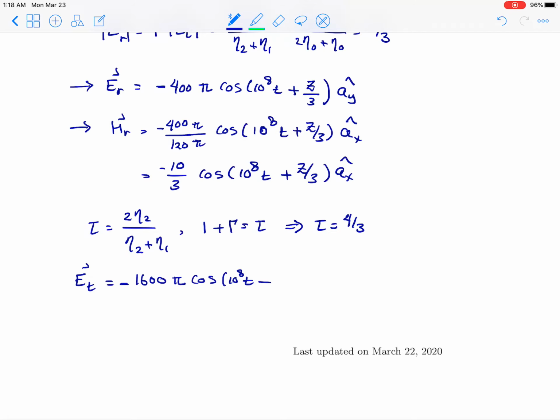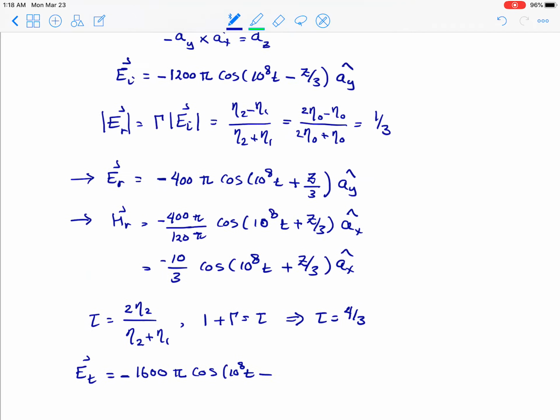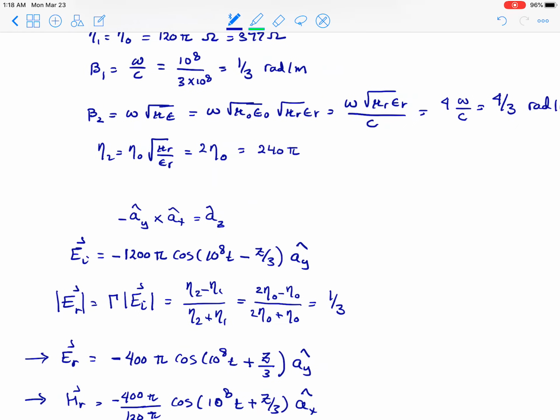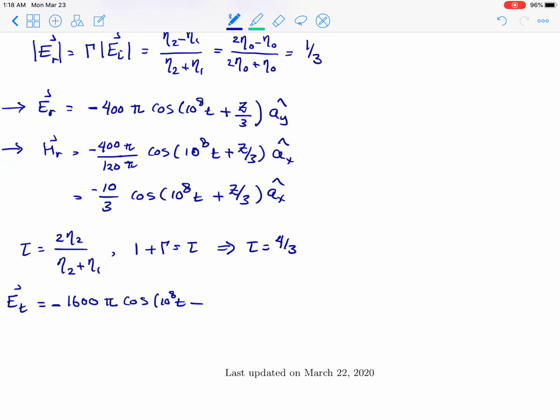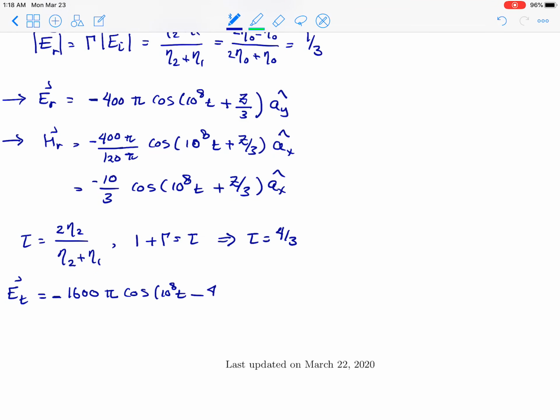The frequency will not change, and we should change the phase constant to match the phase constant in medium 2, which we found to be 4 divided by 3.